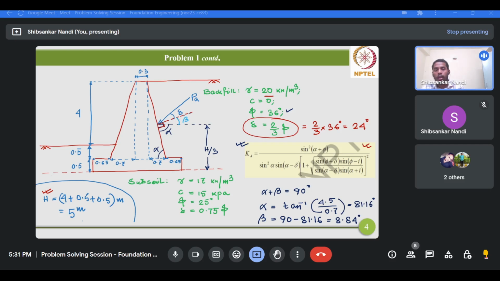This value will come into picture because PA will have two components, along the horizontal direction and along the vertical direction. So we can resolve this PA along the horizontal and vertical directions, like this.